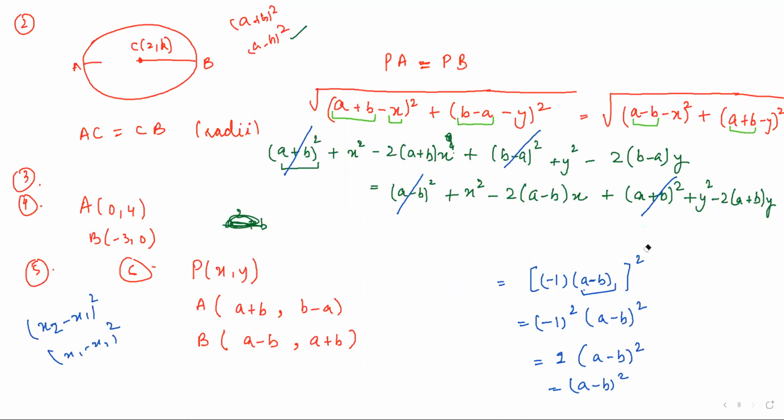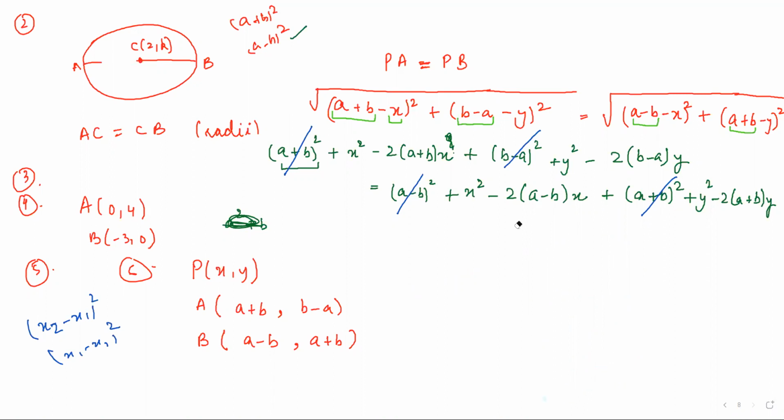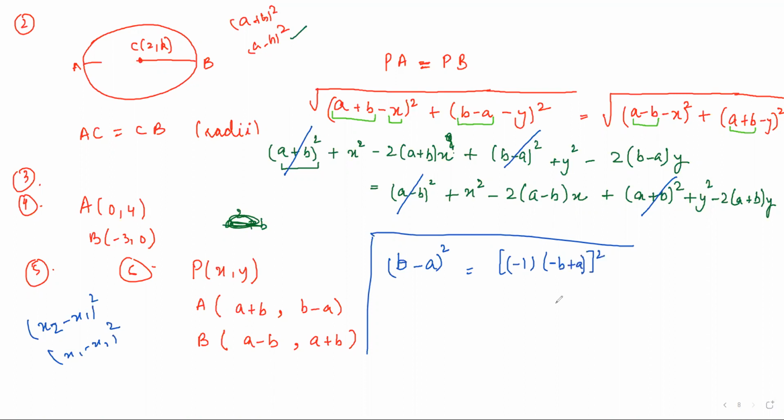Azan, are you also here? Can I write that? Can you go back? Okay, let's see again. So as a side note, you can write this. So you have b minus a whole square, right? This I can write. I can take minus 1 common. So my plus term will become minus, minus term will become plus, and then whole square outside.